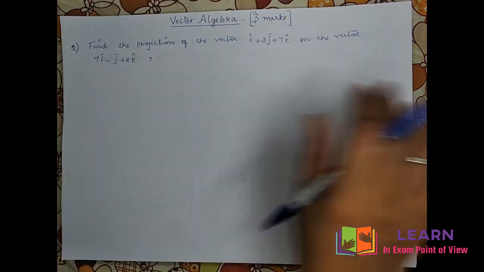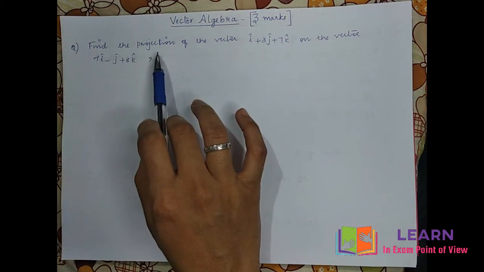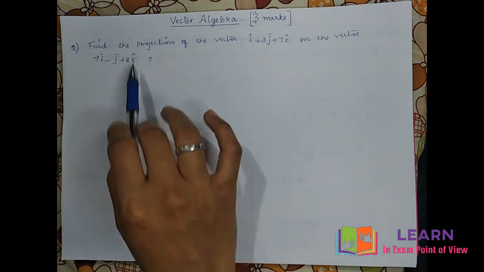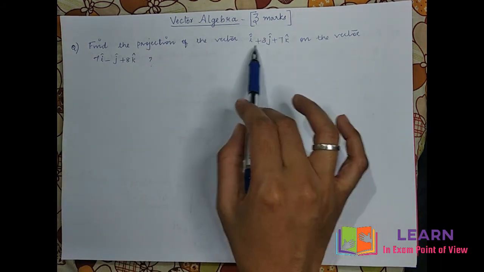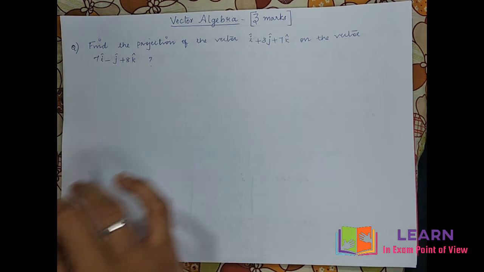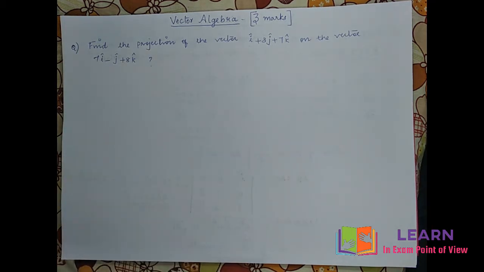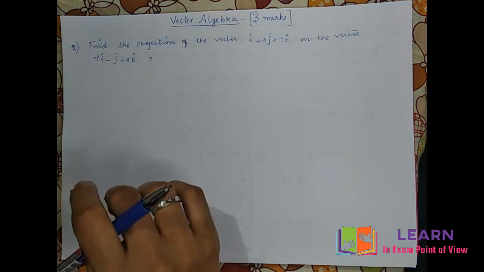Okay. So next, a type of 3-mark question. That is projection, which is important. The projection of one vector on another vector will be given. You just need to memorize a formula.